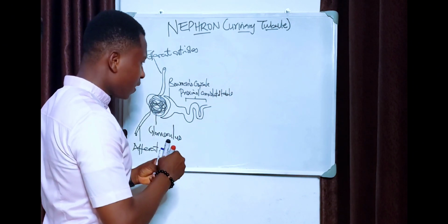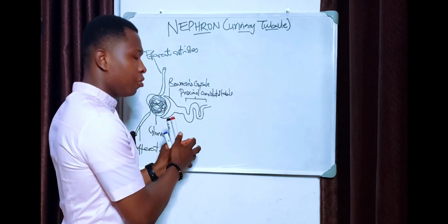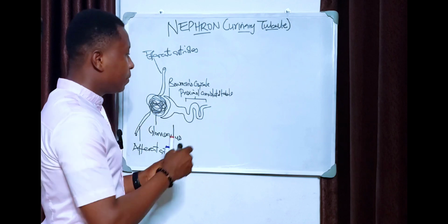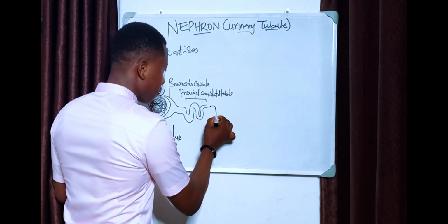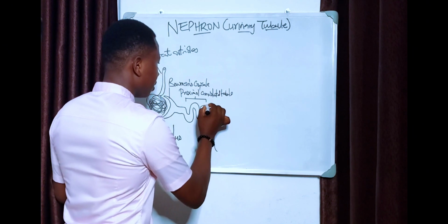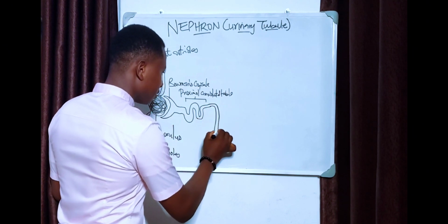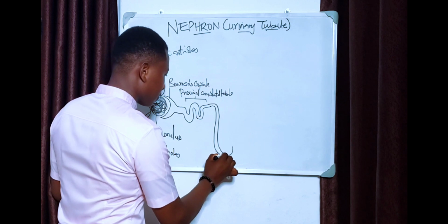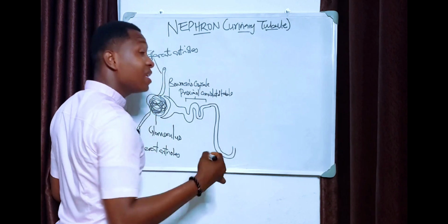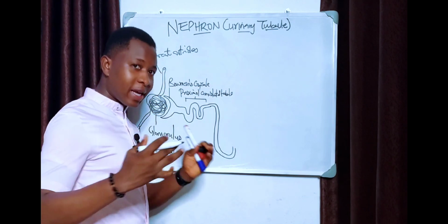All right? So immediately after the proximal convoluted tubule, there is a depression. This tube starts falling down and ascending. Now, when ascending, it expands.